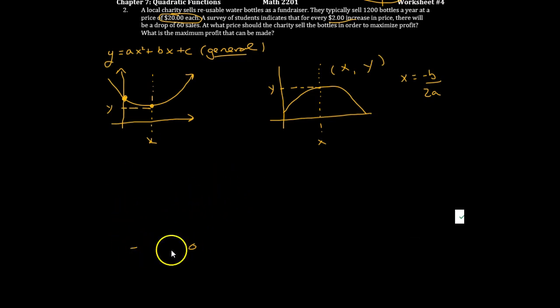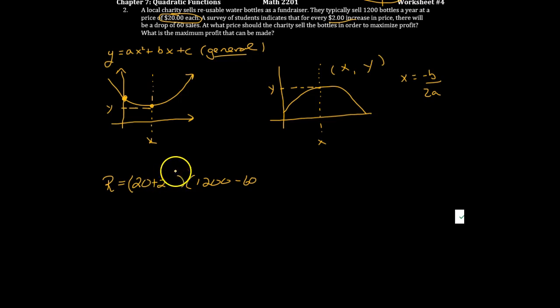So let's look at this slightly differently. Just slightly. So it's going to be revenue. So it's still $20 a bottle. And 1,200 sold. Let's use the information. You increase the price by $2 and lose 60. And here's where you need to follow.